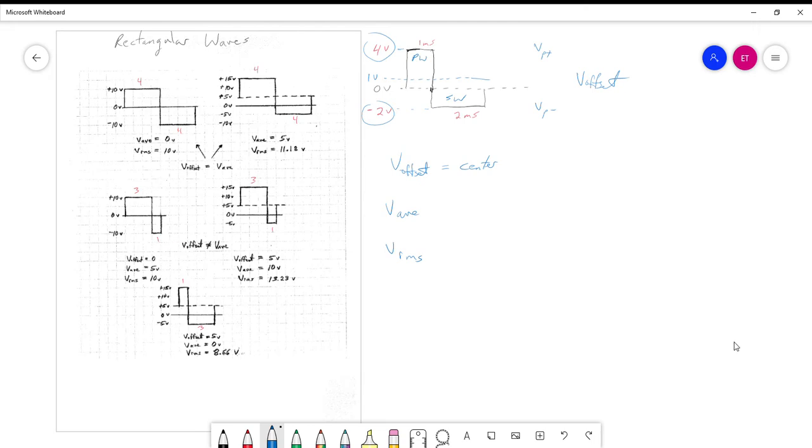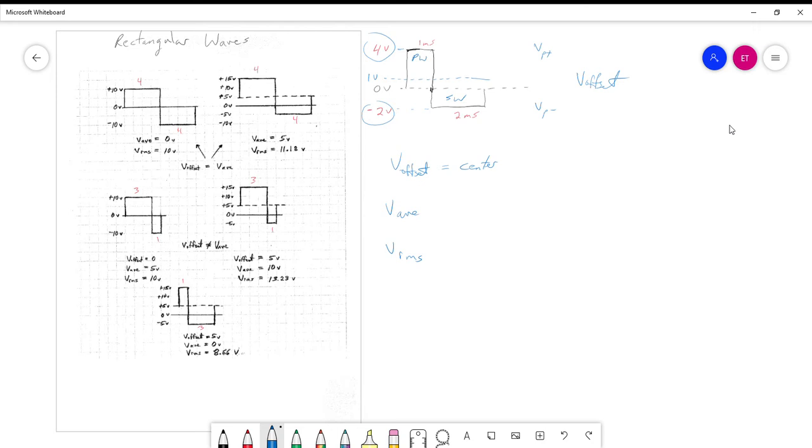And you can always double check it, of course. I always look and say, I got my 1 volt calculated, and is it 3? It's 3 volts away from 4. It's 3 volts away from -2. Of course, mathematically, you would just add those, 4 plus -2, and then divide by 2 to find the center.